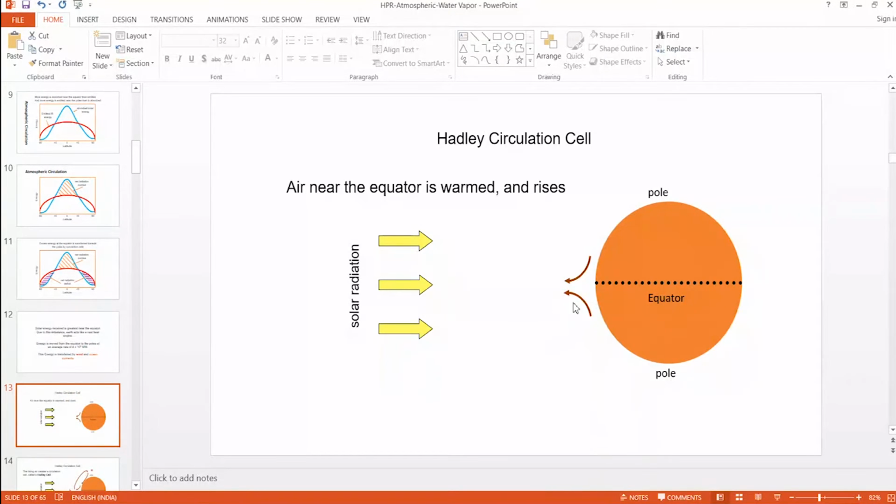See, since the solar radiation is high at the equator, the air near the equator heats up, and then it moves high.